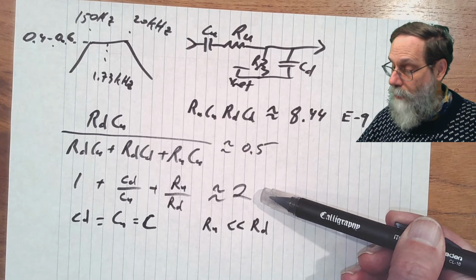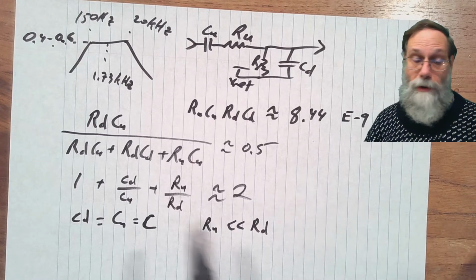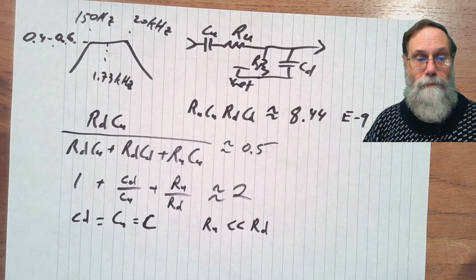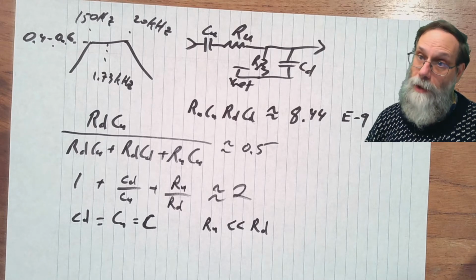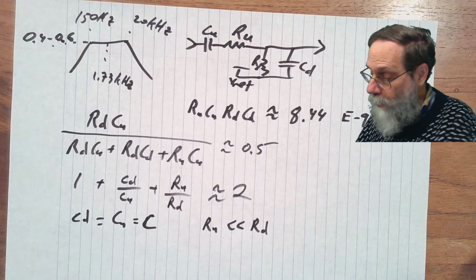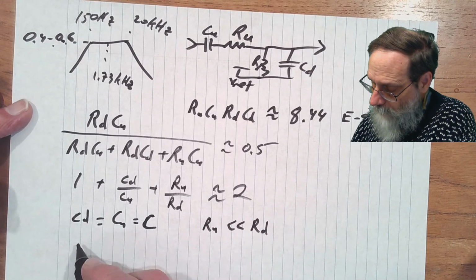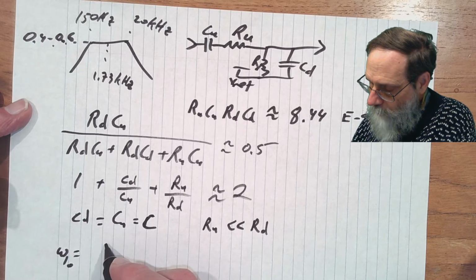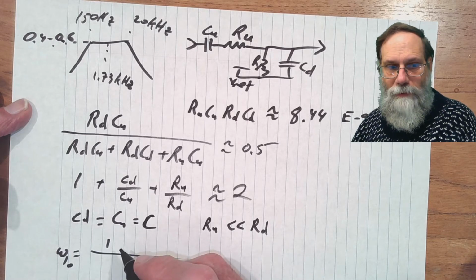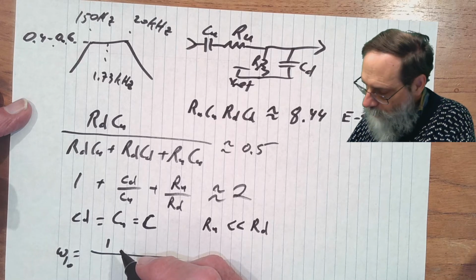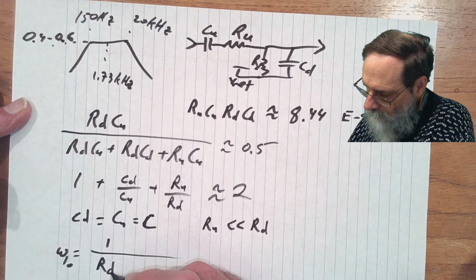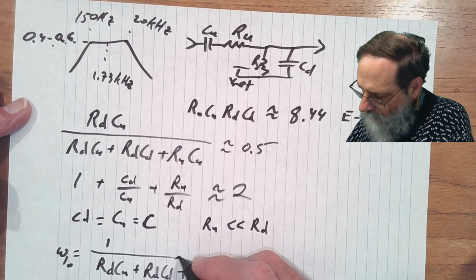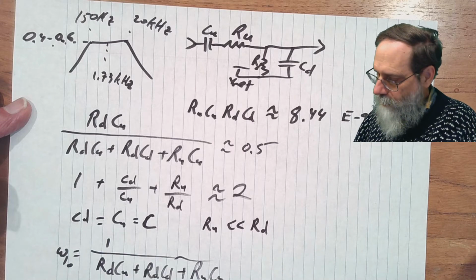So now all we have to do is figure out how to get the corner frequencies. We have the lower corner frequency and the upper corner frequency to figure out. The lower corner frequency, we had that omega low was, I believe, 1 over RDCU plus RDCD plus RUCU. So the same denominator here as we had up here.